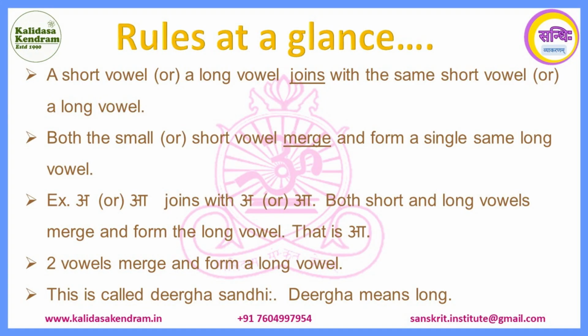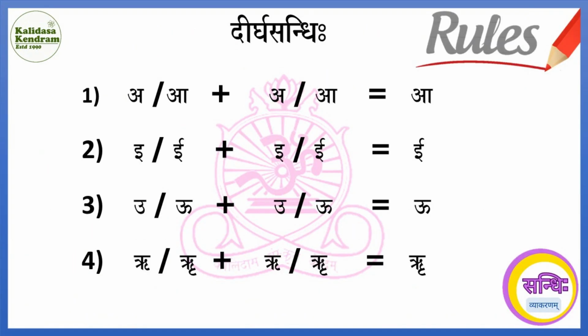Both short or long vowels merge and form the long vowel ā. Now it has become a single alphabet. Two vowels merge and form a long vowel. This is called Deerga Sandhi. Deerga means long.